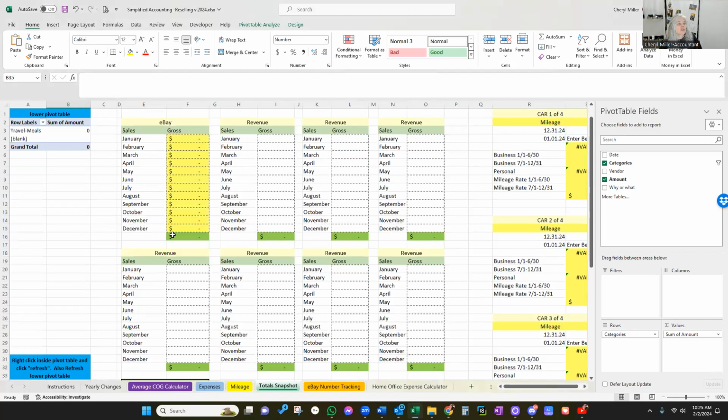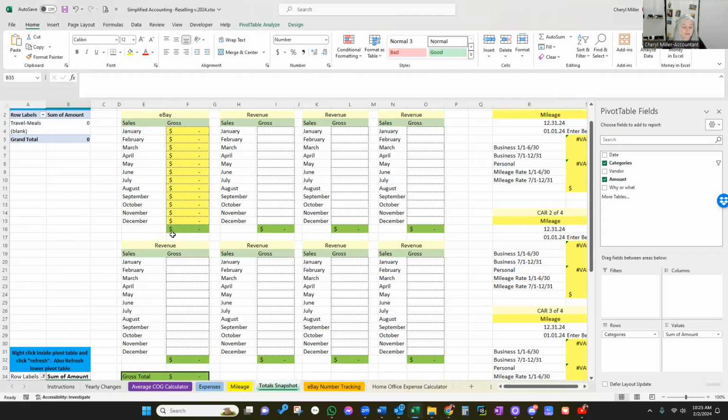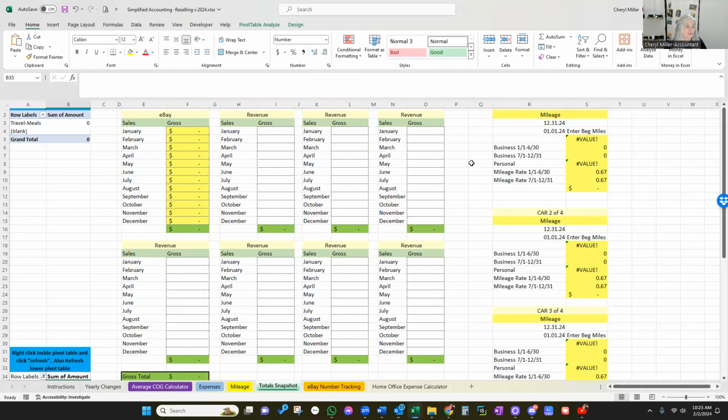All right, so regardless of what type of business that you have, you need to enter your income. That needs to be your gross income. So if you are selling on eBay, then that will be the total amount collected by eBay. Yes, including the taxes that they collected from the buyer.